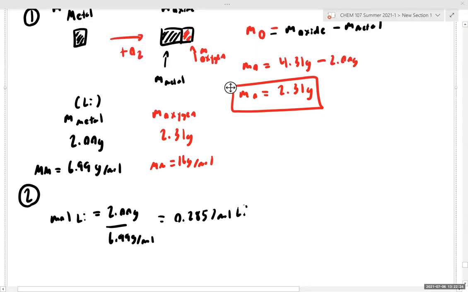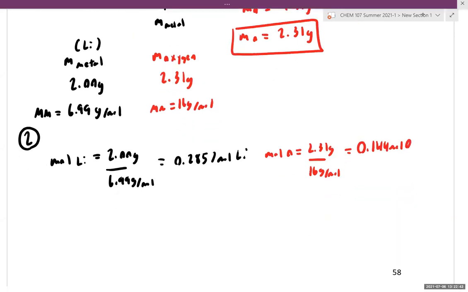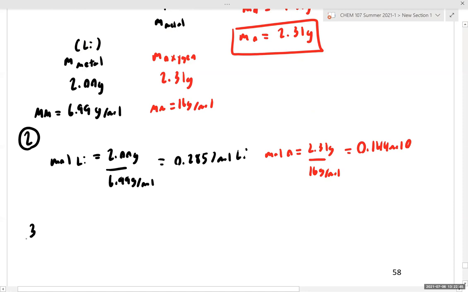We can also calculate the moles of oxygen by taking the mass of oxygen over the molar mass. So we have 2.31 over 16. That gives us 0.144 moles of oxygen.